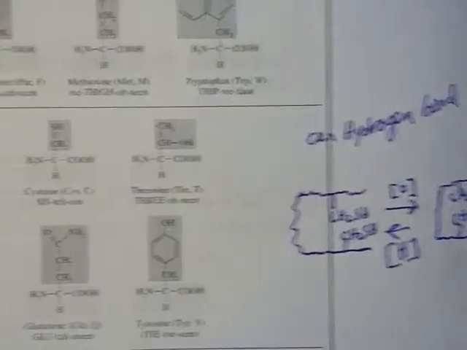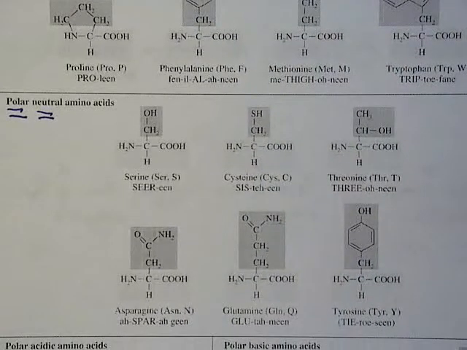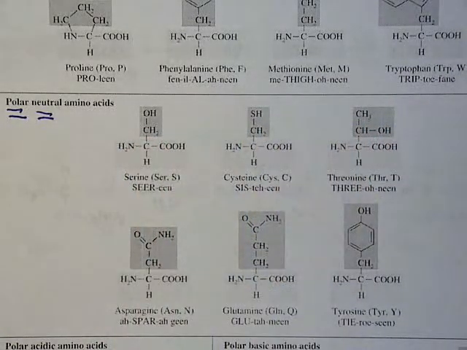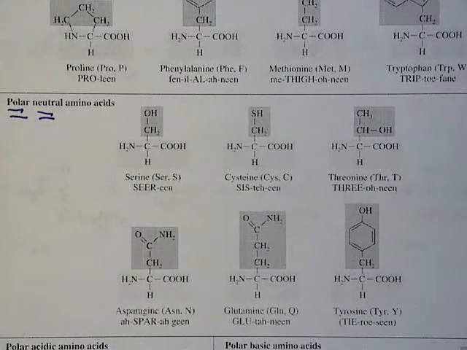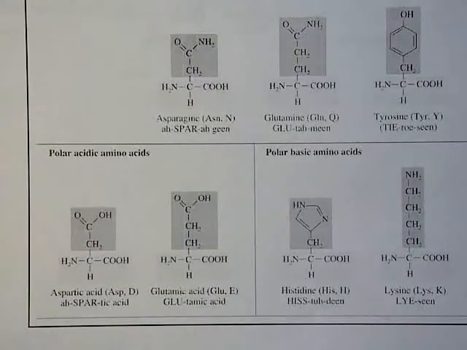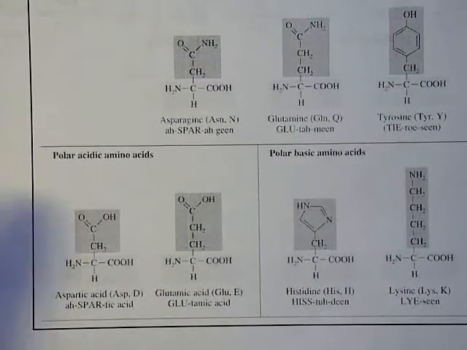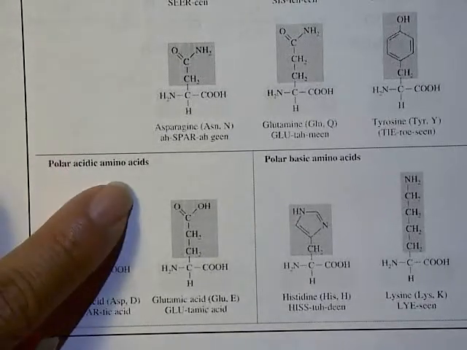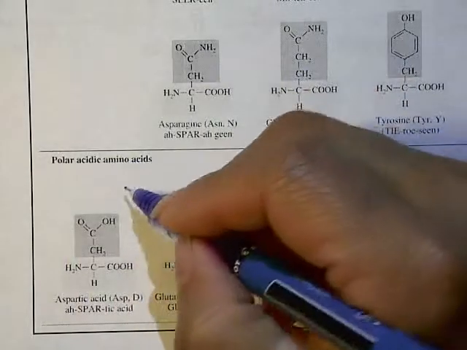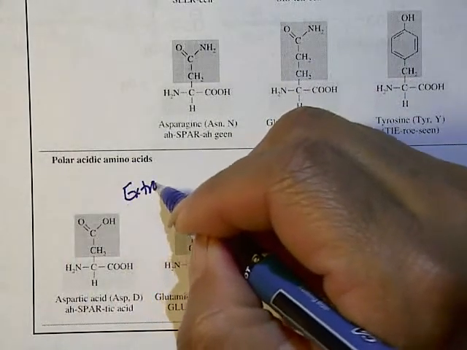So to classify what goes into the polar neutral, take a look at the side chain and ask yourself, is there a polar functional group present? And if the answer is yes, then it belongs to this category. The other two categories are very easy to tell because one is the polar acidic amino acids, and notice the side chain itself has the carboxylic acid.